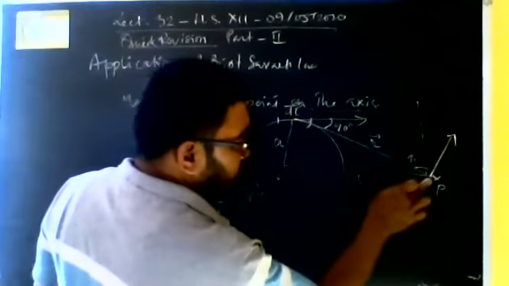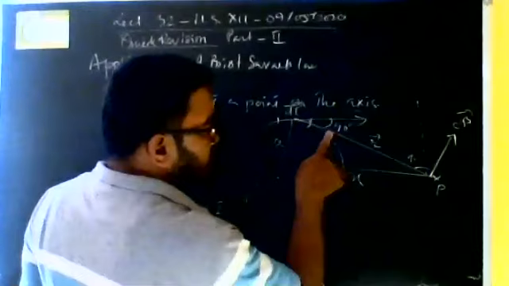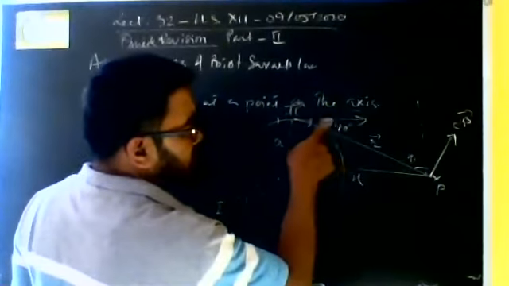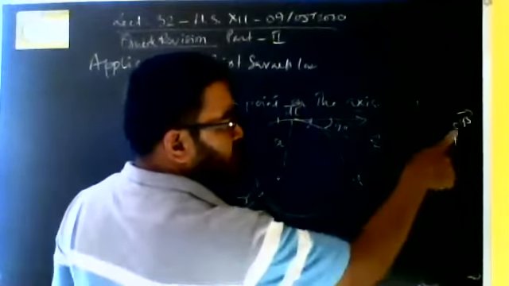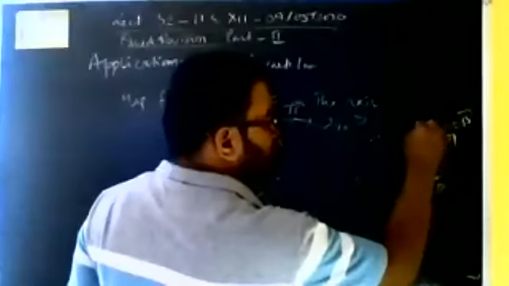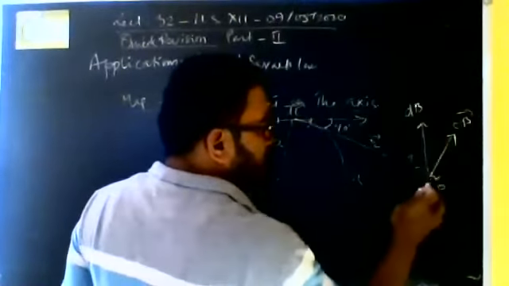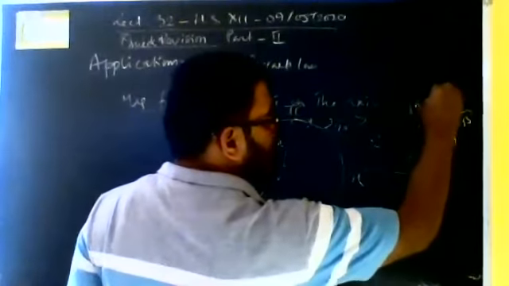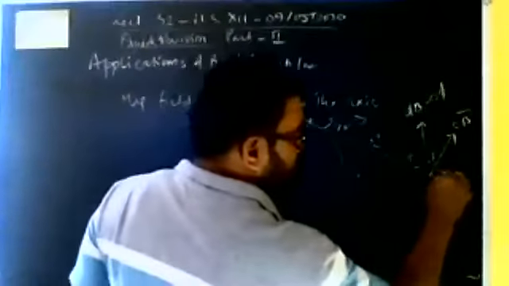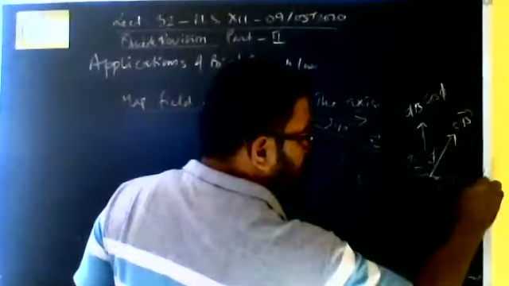The magnetic field produced here, dB, is perpendicular to both r and dl. So in this direction, one component will be dB, and the components will be dB cos phi and dB sin phi.